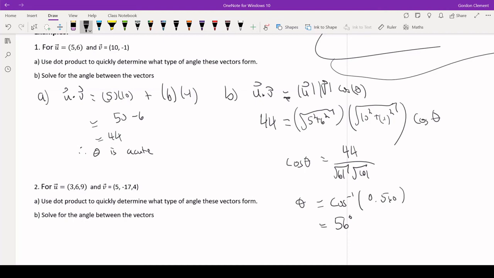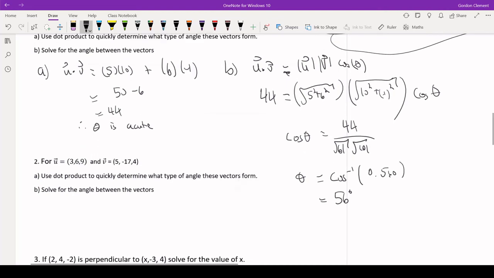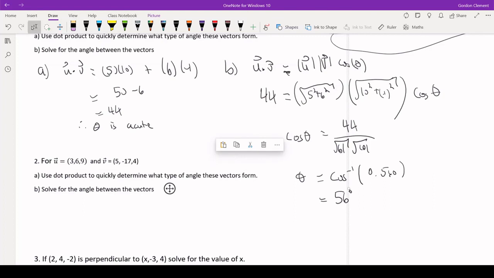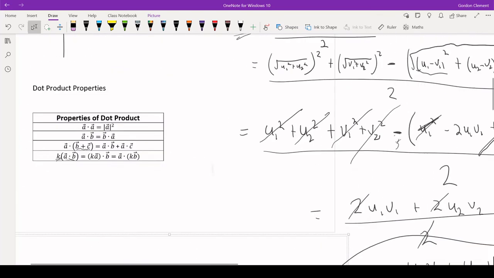All right, so now we're going to step into 3D. And I could go through that whole process and prove the formula for dot product. So the overall formula is the same. It's still u dot v equals magnitude of u, magnitude of v times the cosine of the angle between the vectors. I could go through this exact same process.